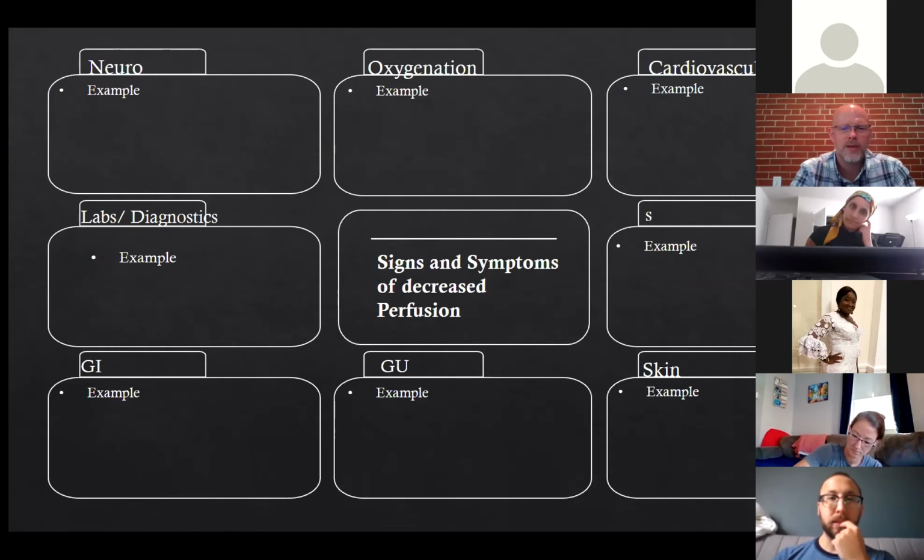You could have some JVD. Excellent. What might you assess in the lower extremities? Edema. Excellent. Heart rate could be up or down. Blood pressure could be up or down.